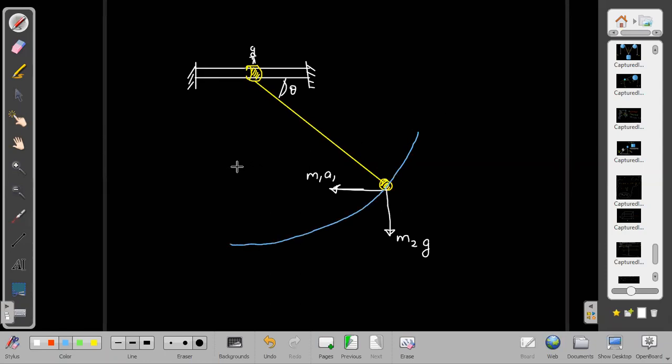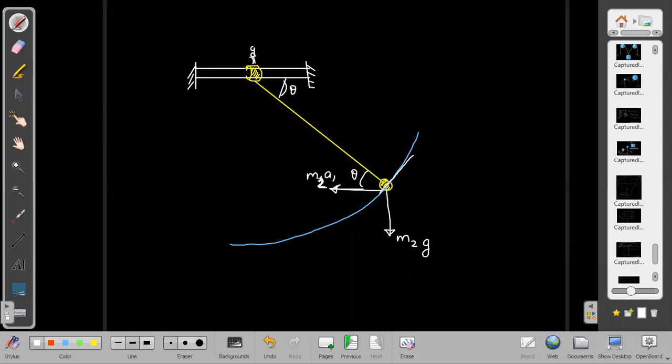That makes things easier to analyze, because now we know with clarity that the path is circular, and we will assume that instead of one force there are 2 forces: M2 into A1 and M2 into G. That is correct. This angle is theta.